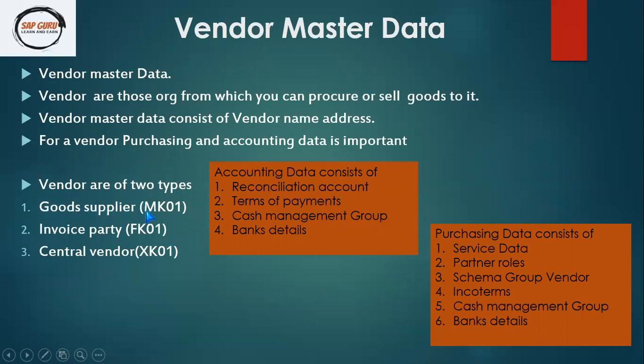If it is a purchasing level, or if it's finance related, then centrally we are going to create the vendor. Then we have different T codes and details about accounting data, what all it contains, and purchasing data consisting of what all things. You can see a few details in this slide.